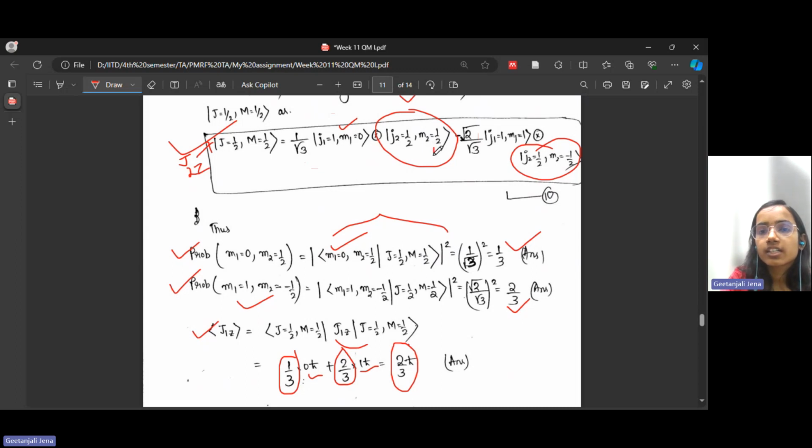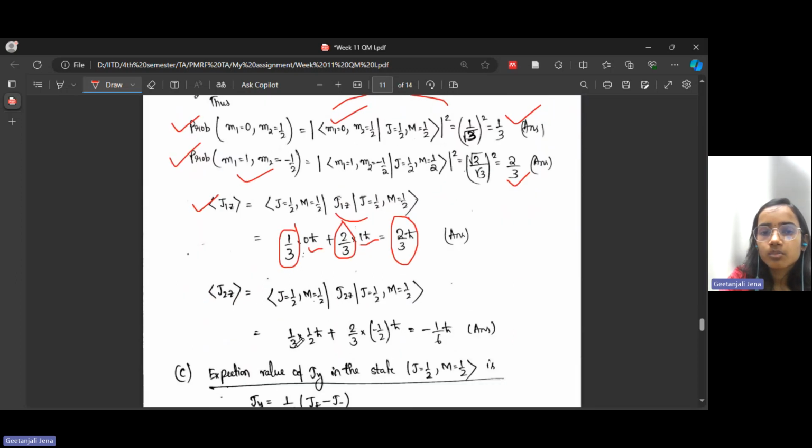So for the first one you will get half H cut here, and for the second you will get minus half H cut, and the expectation will be the square of the coefficient with the eigenvalue half H cut, plus the square of the coefficient, which is 2 by 3, with the eigenvalue minus half. So that means the expectation of J2Z you will get is minus 1 by 6 H cut. So this will be the answer you will get.